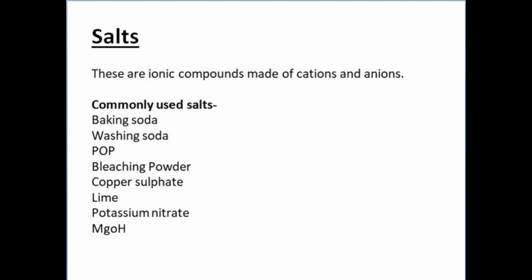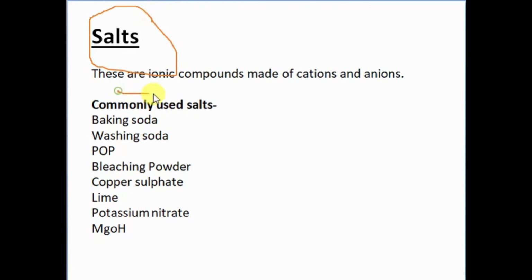Okay, so what we were doing, we were studying acids, bases and salts. So the acid and base part was already done. Okay, so acid was completed, bases was completed. Now we are doing salt. Okay, so in this lesson we will cover salts. So first we should know what salts are.